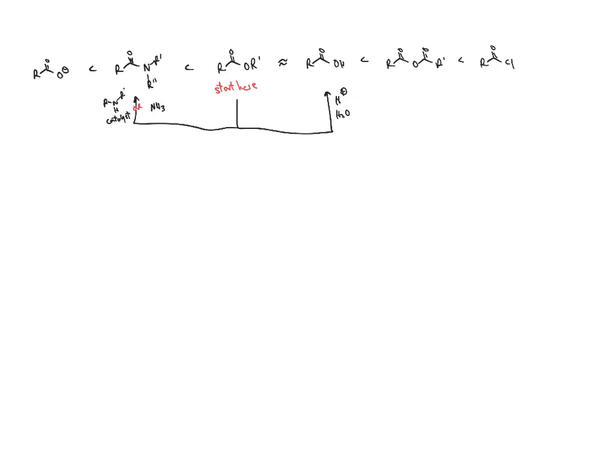And that would give a primary amide as your product. If you have R groups on that nitrogen, then you need a catalyst in order for this to work. And of course, you can take the ester and form the carboxylate by treating it with hydroxide.